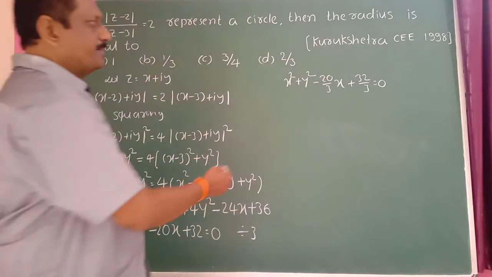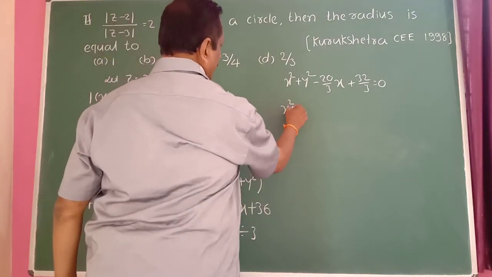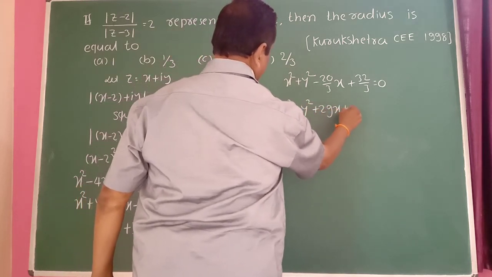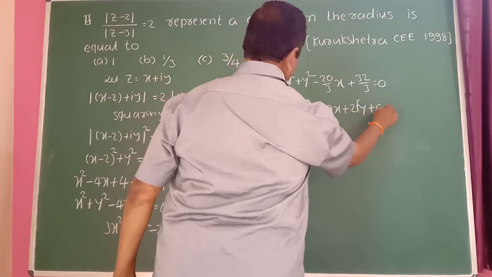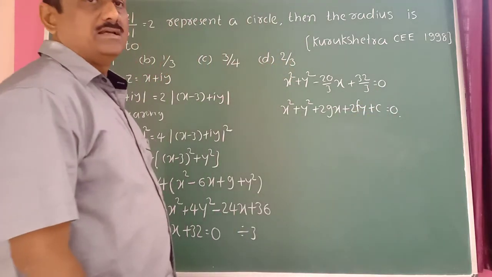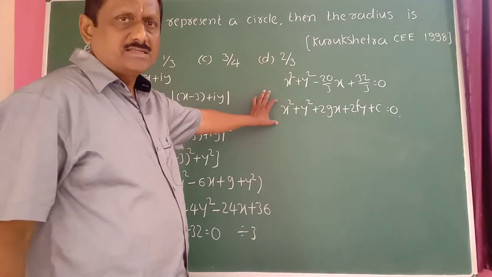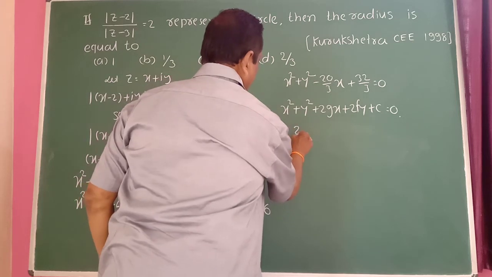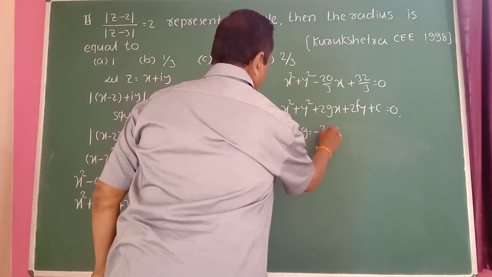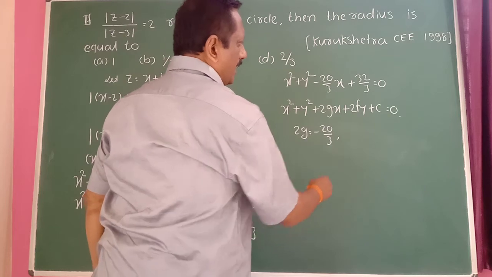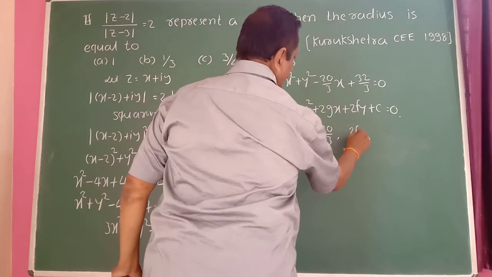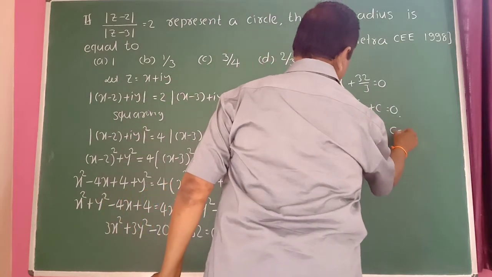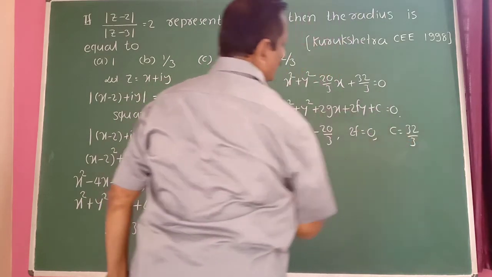So comparing this with x square plus y square plus 2gx plus 2fy plus c is equal to 0, the standard equation of the circle, 2g is equal to minus 20 upon 3, and there is no y term, so 2f is equal to 0, and c is equal to 32 divided by 3.